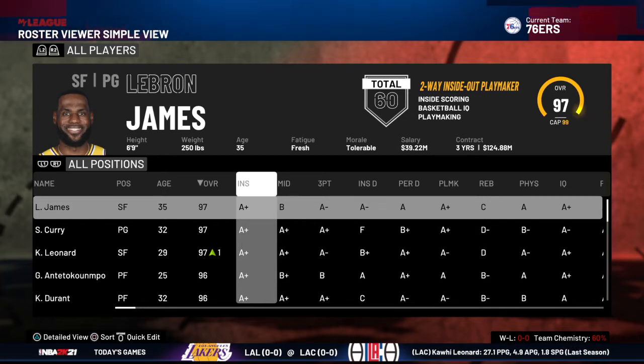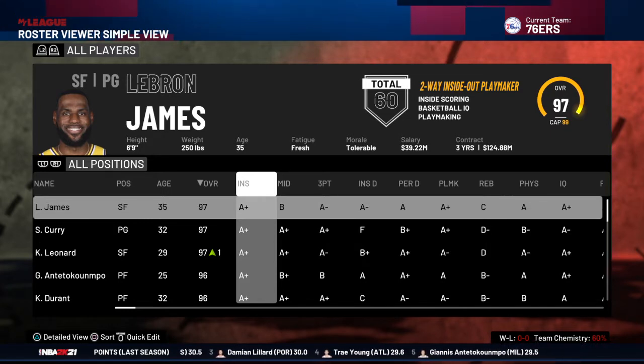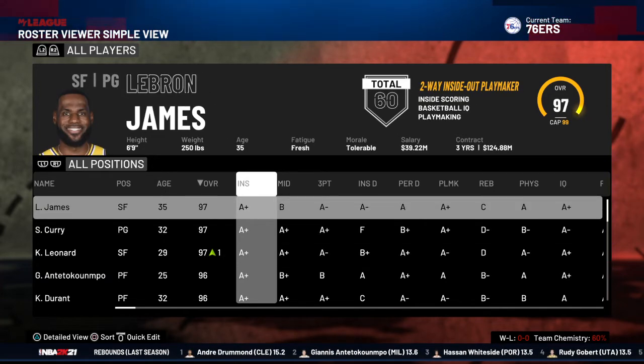Your 97 players are going to be the players who had great seasons, your MVP type players, Hakeem Olajuwon, Kevin Garnett, KD has a version in there as well. Curry has a version in there as well. Obviously, you see Kawhi Leonard, LeBron James from this current season also has a 97 version as well.